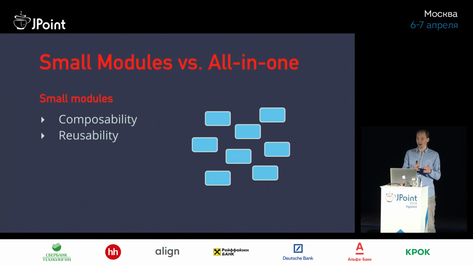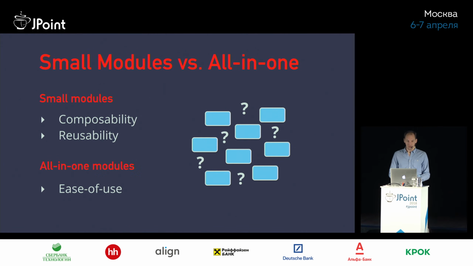You can just mix and match or pick pieces of whatever you want, and you can reuse them in different contexts. So that sounds good. On the other hand, if you have many modules, then it also becomes a bit less clear what you should use. And it really depends on the situation whether you should go for a really big or a small module.